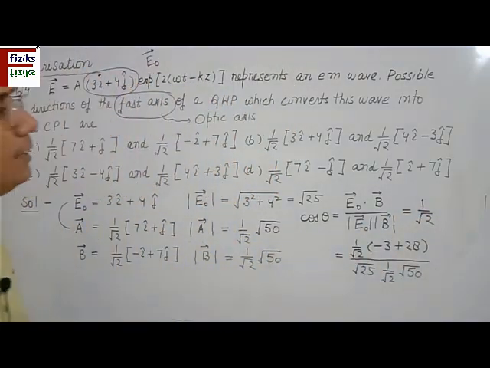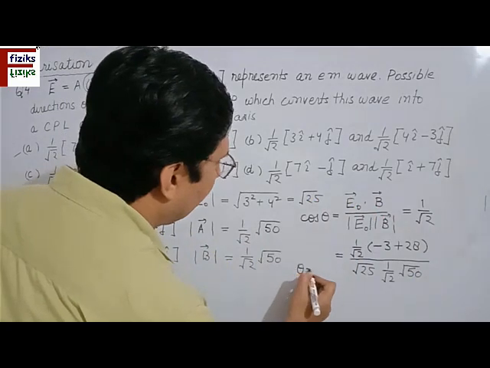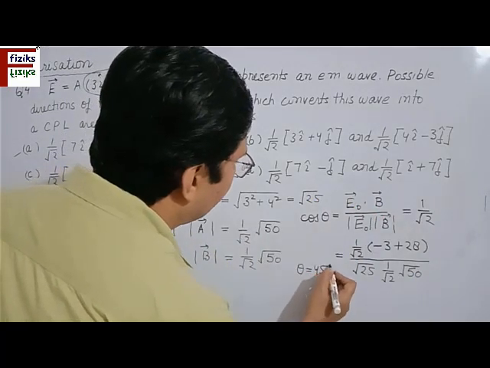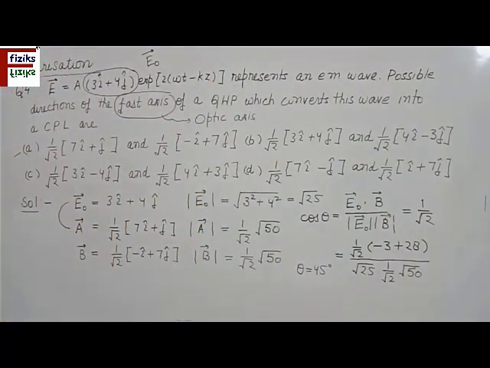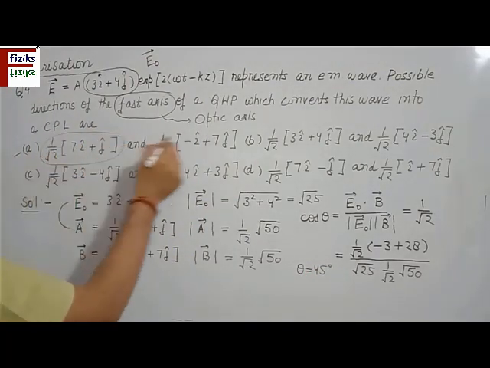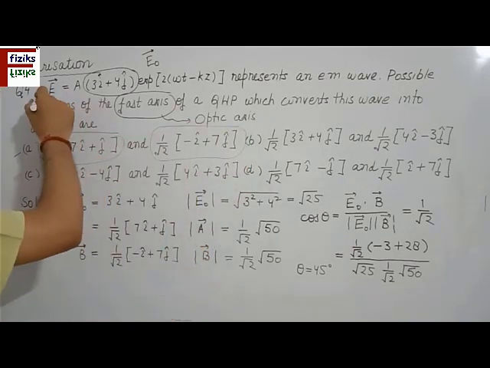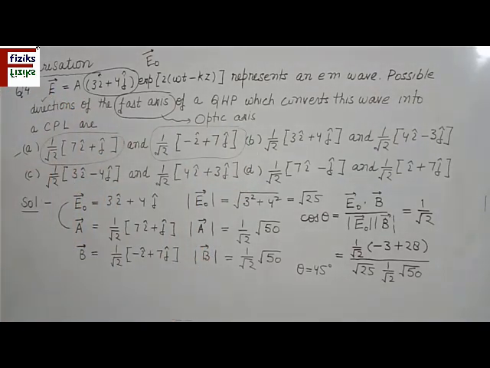So cos theta is 1 upon root 2, and 1 upon root 2 is the value of cos 45, so theta is 45 degrees. So both these vectors are making an angle of 45 degrees with the given EM field. So option A is correct here.